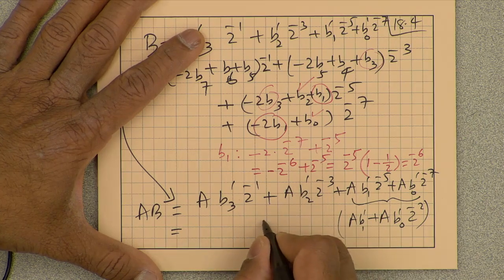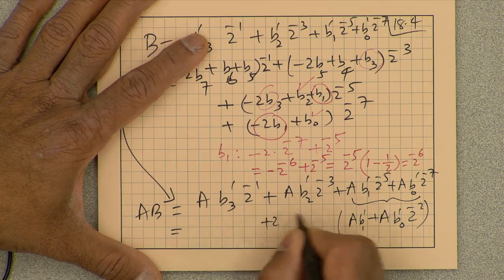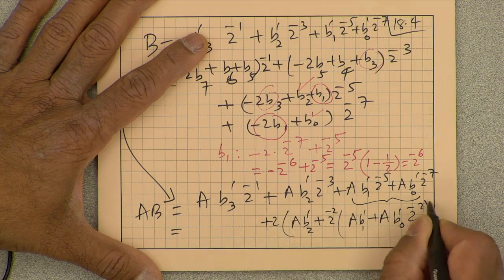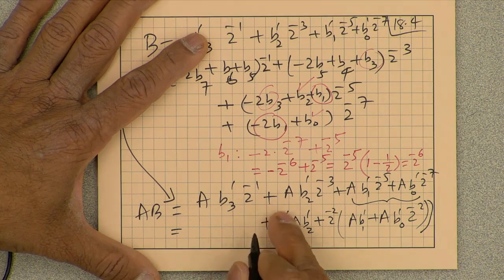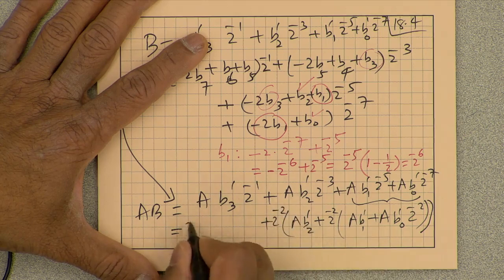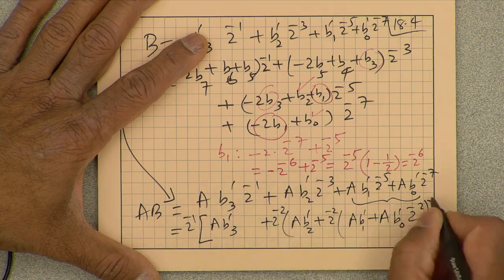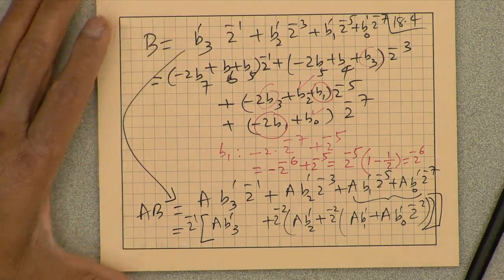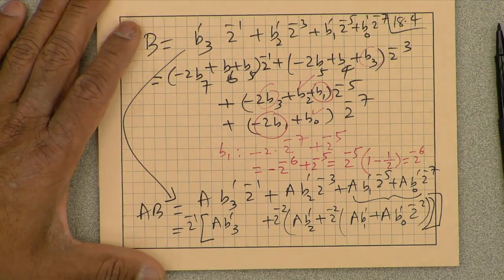If I take 2 to the power minus 3 outside a bracket, A B2 prime plus 2 to the power minus 2 times that, and then from 2 to the power minus 1 and 2 to the power minus 3 I can take 2 to the power minus 1 outside a bracket, and then we have A B3 prime plus that whole thing. I can see why I was being confused.